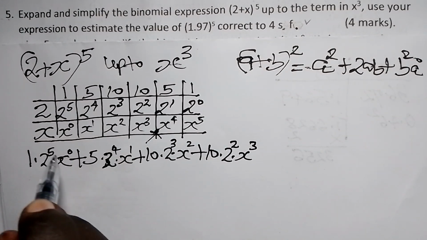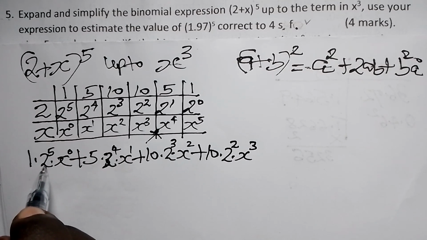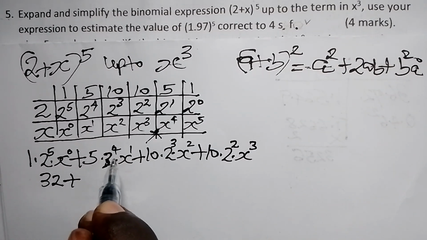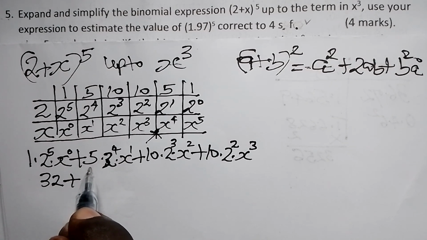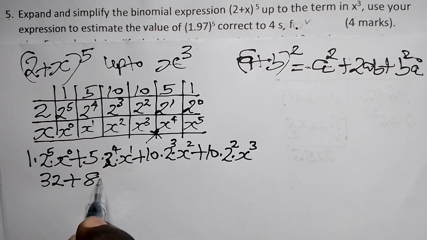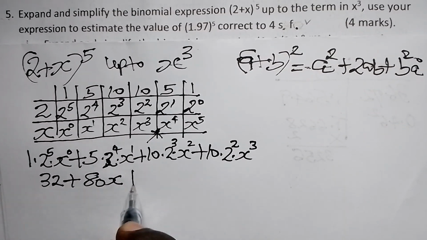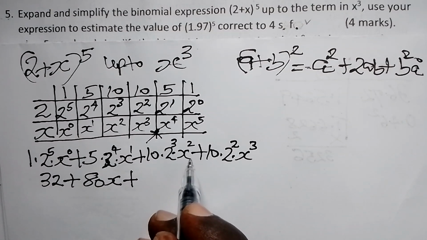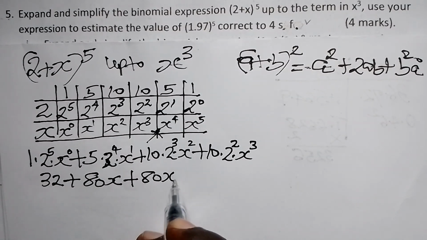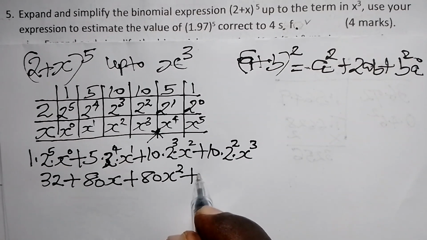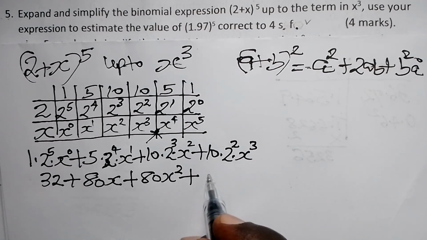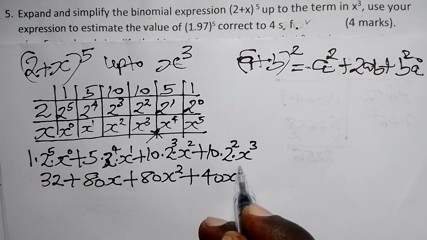When we simplify this, 2 raised to power 5 gives us 32, times 1 times 1, that is 32, plus 2 raised to power 4 is 16, 16 times 5 is 80, so 80x, plus 2 raised to power 3 is 8 times 10, 80x squared, plus 2 squared is 4 times 10, 40x cubed.